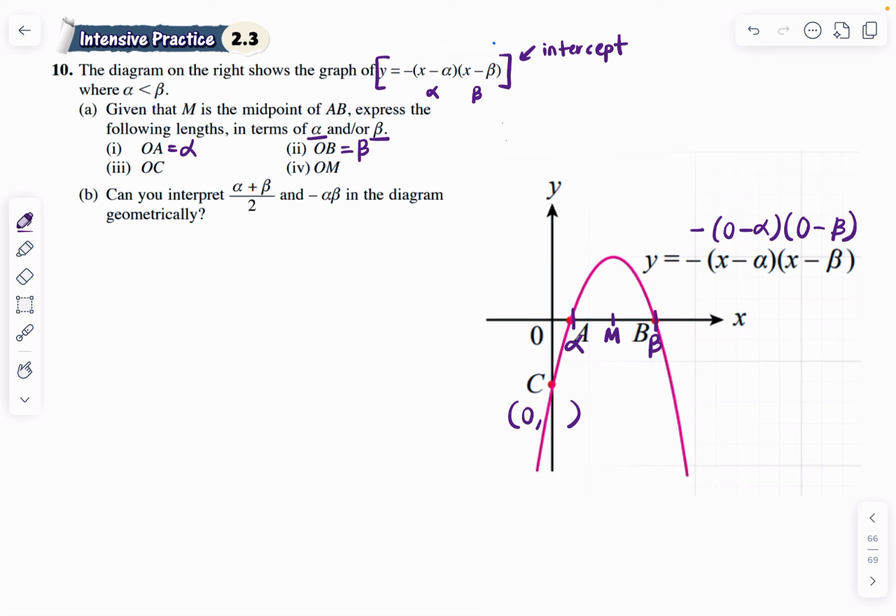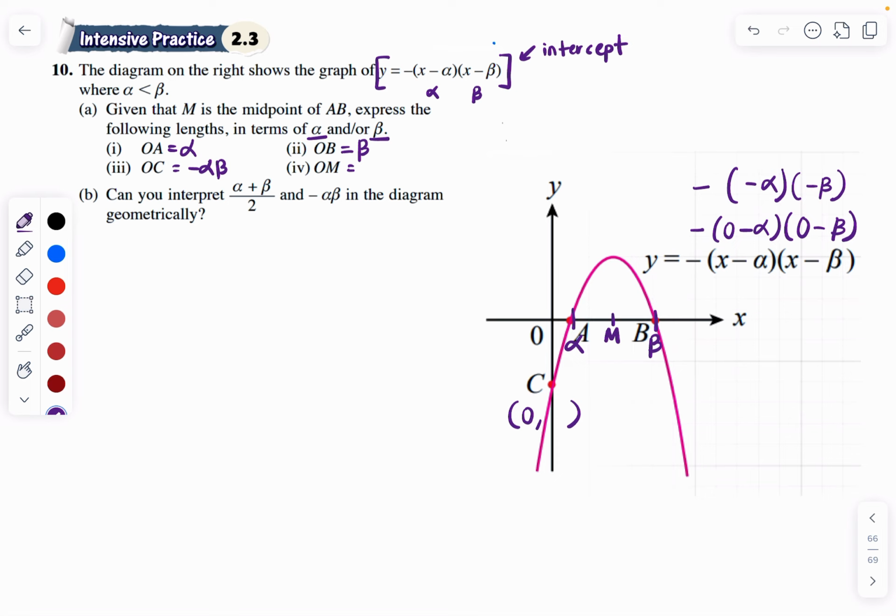So 0 minus alpha is just negative alpha. 0 minus beta is just negative beta. So negative times negative alpha times negative beta will be negative alpha beta. Negative negative will cancel off and then there will be another negative here. So negative alpha beta.